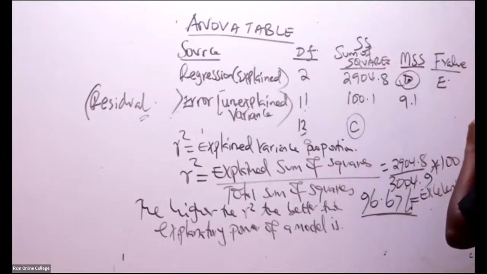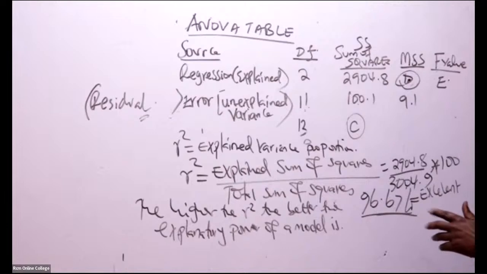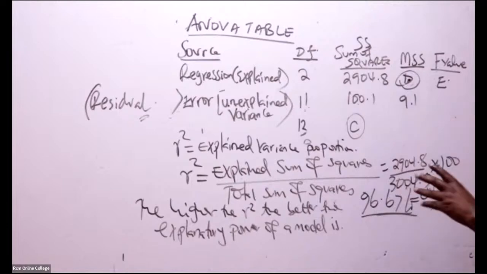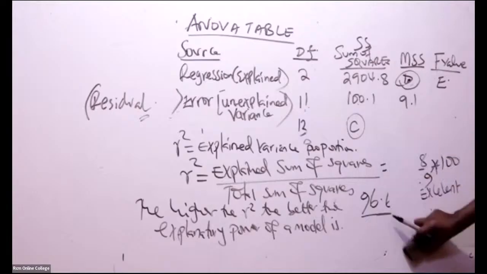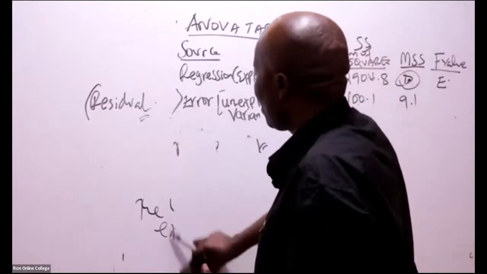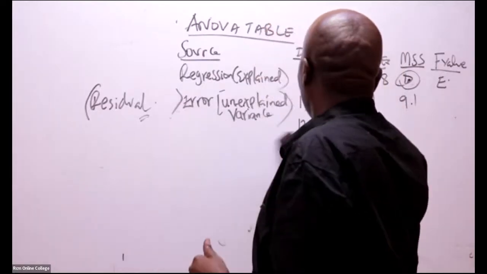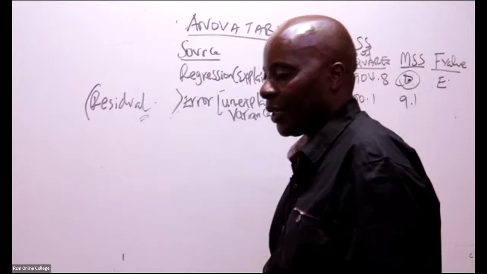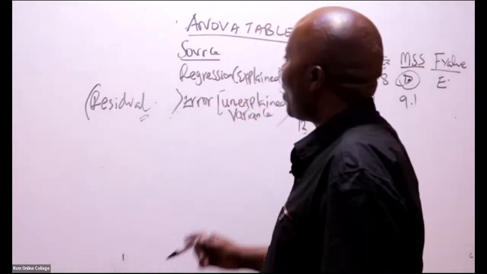So now with your permission, I should be able to go backward a little bit and explain how that 2 was gotten. All right, so how do we get these 2?